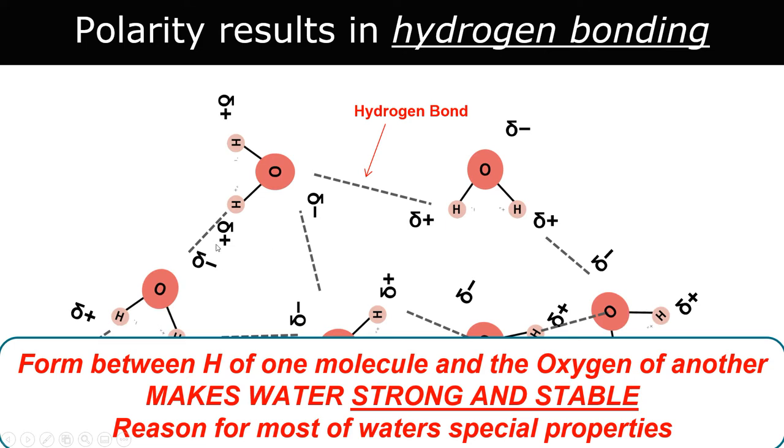On their own, these hydrogen bonds are very weak, but when they're all together, it makes water pretty strong and pretty stable. And again, this is the reason for most of water's special properties. It's going to come down to this hydrogen bonding between this partial negative oxygen and the partial positive hydrogen of a neighboring molecule.